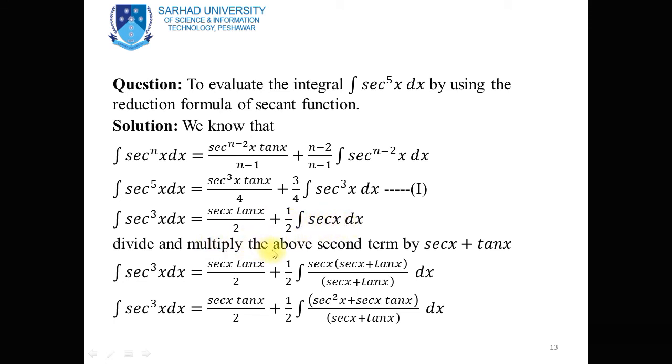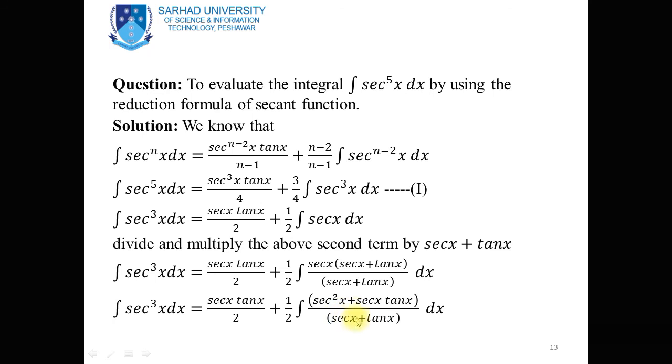Now multiplying the secant term by secant x plus tangent x, we have the integration of secant cube x with respect to x is equal to secant x into tangent x divided by 2 plus 1 over 2 into the integration of secant x into secant x plus tangent x divided by secant x plus tangent x with respect to x. Now multiplying secant x with this factor, we have secant square x plus secant x into tangent x divided by secant x plus tangent x.